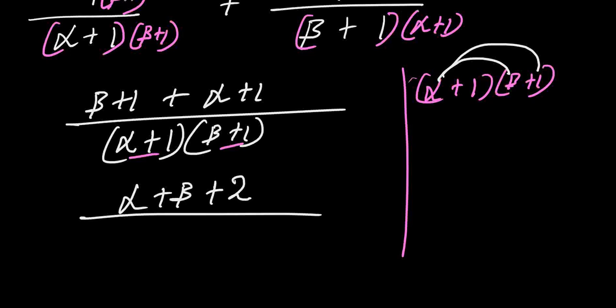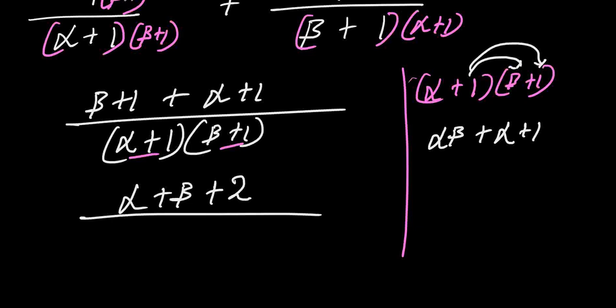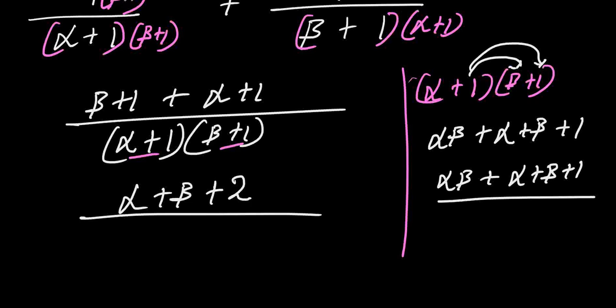Alpha times beta is alpha beta, and alpha times 1 is alpha. After that, 1 times beta and 1 times 1. So 1 times beta is beta, and 1 times 1 is 1. So this will become alpha beta plus alpha plus beta plus 1. We can simply take this and put it here as the denominator.